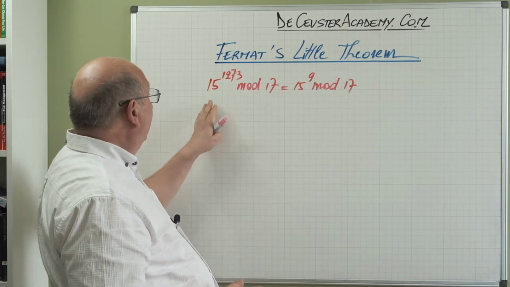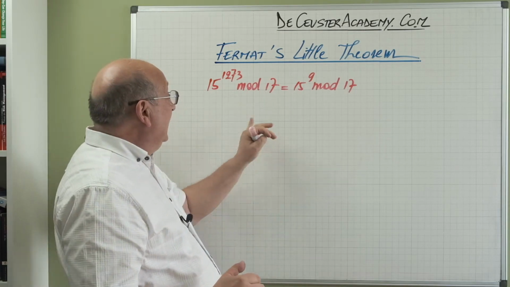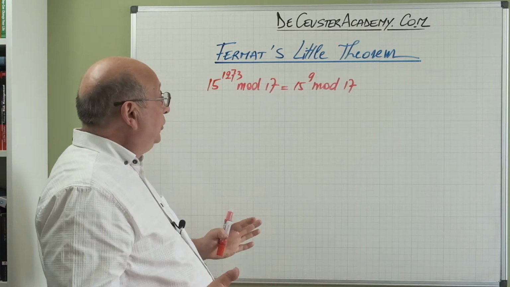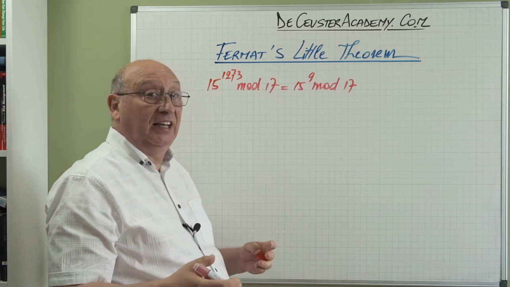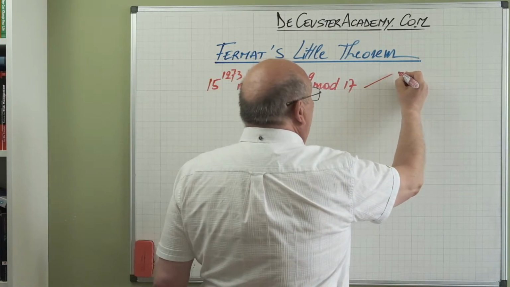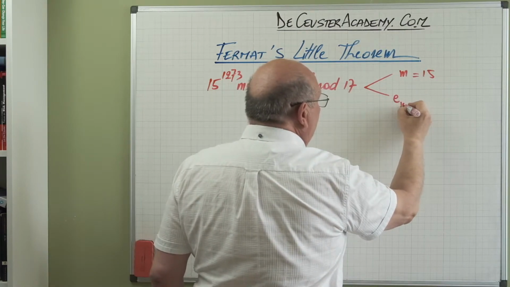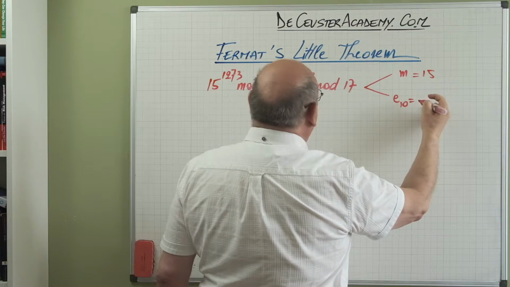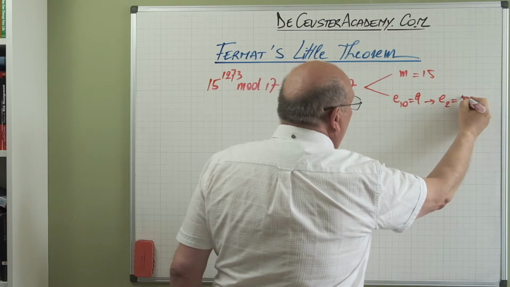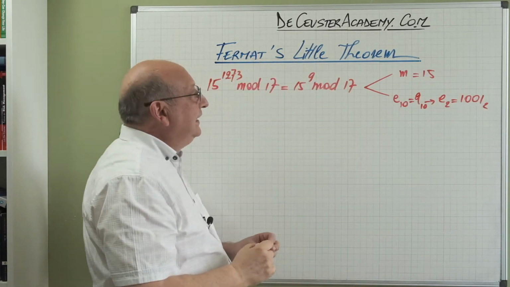Before we've proven that 15 to the power 1273 modulus 17 is equal to 15 to the power 9 modulus 17. Now what we have to do here, when we look at the fast exponentiation algorithm, we have to say that m equals 15, and on the other hand e in decimal notation is in fact 9, and e in binary notation is 1001, so we have to have the index here.